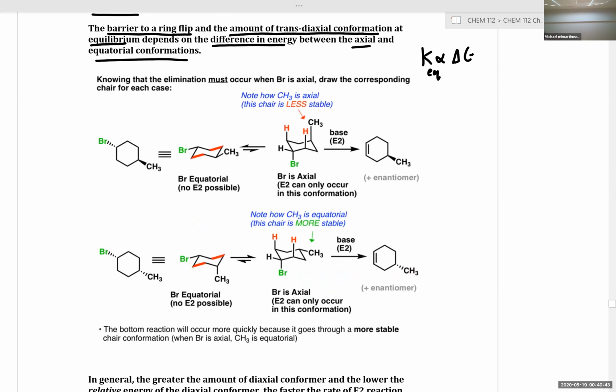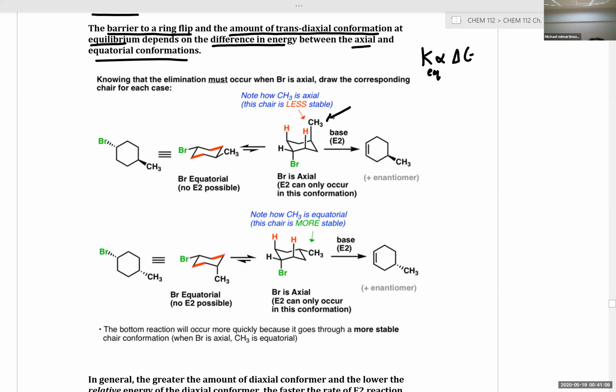So, for example, looking at the following system where we have an equatorial bromine and an equatorial methyl group, is this initial conformation reactive? Do we have transdiaxial hydrogens? Is this initial conformation that I've starred reactive? No. So it has to undergo a ring flip.